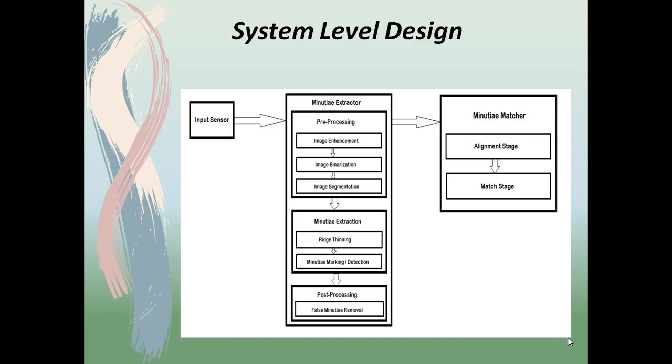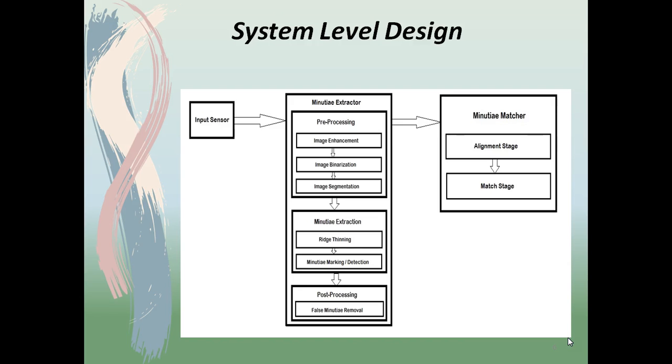The minutia extractor does all the necessary steps of enhancing the image, converting it to binary, extracting the different ridges and the minutia points, marking them, and removing any false minutia that may be present in the fingerprint. And a minutia matcher simply takes the input fingerprint and matches it with the database to find out who it belonged to.